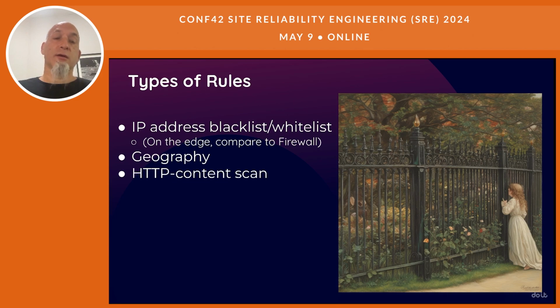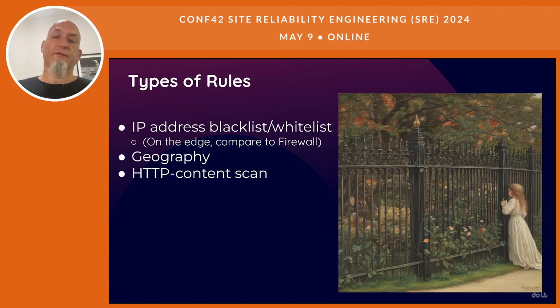It could be an IP address blacklist or whitelist. Think about your firewall in Google Cloud, or in Amazon, that would be an access control list, a security group, where you can block certain IP addresses. But here you're doing it in the WAF on the edge, so it's faster blocking before the request even gets into the cloud.